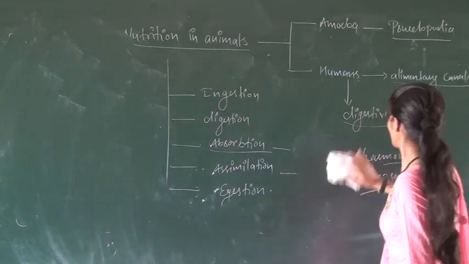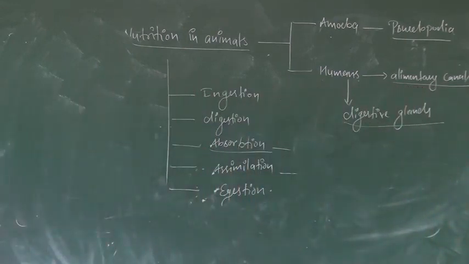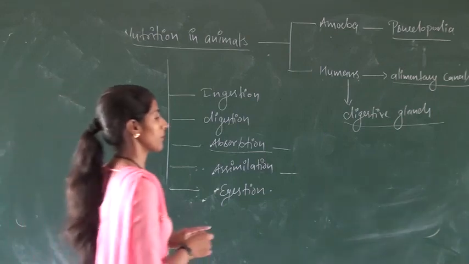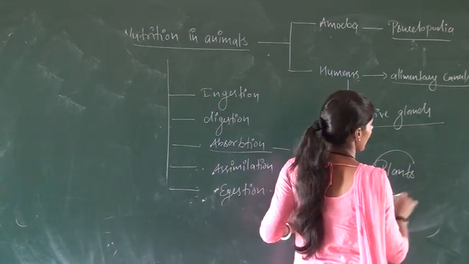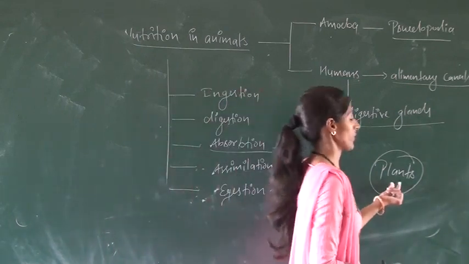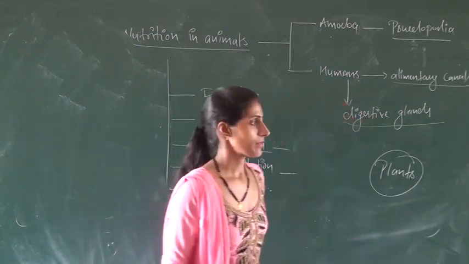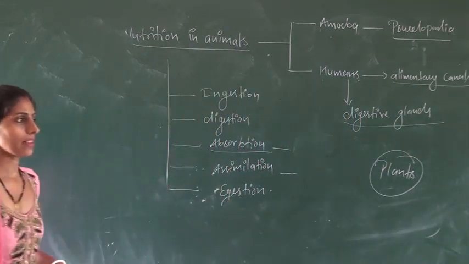Ruminants are mammals that are able to acquire nutrients from plants, such as a cow. A cow is a ruminant animal.